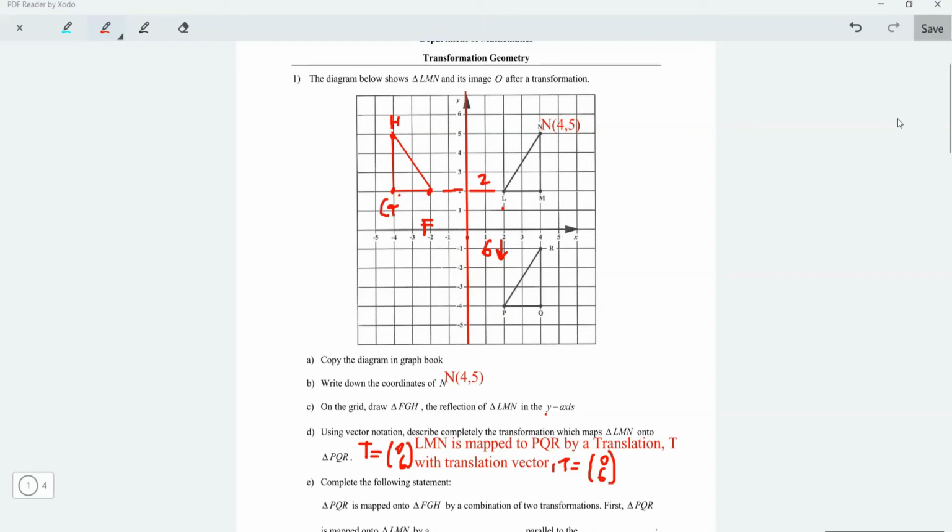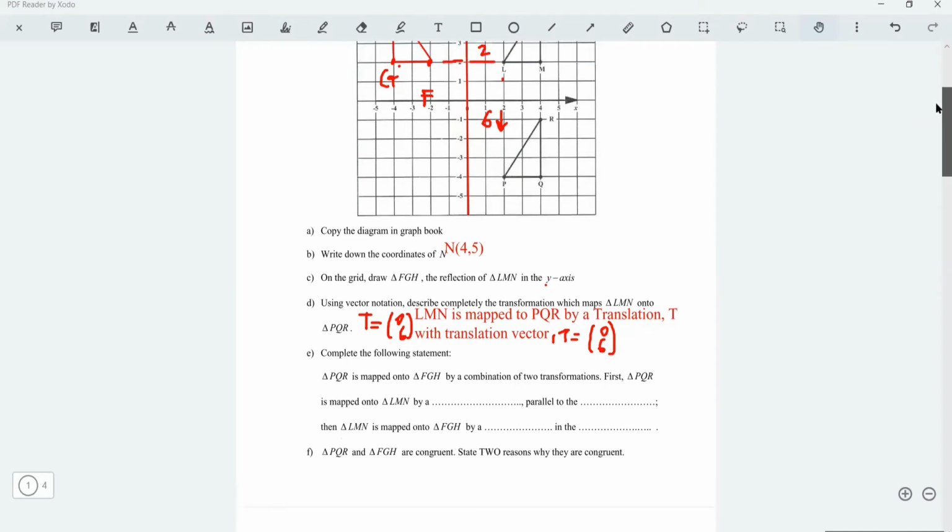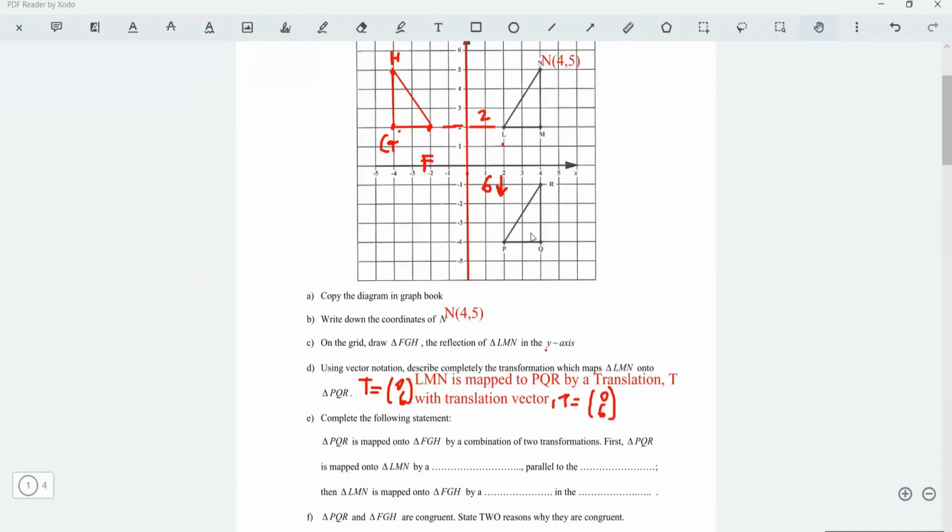Now the next part of the question says copy the following statement. Triangle PQR is mapped onto triangle FGH by a combination of 2 transformations. First, triangle PQR is mapped to LMN by a translation. So first it is mapped by a translation parallel to the x-axis.